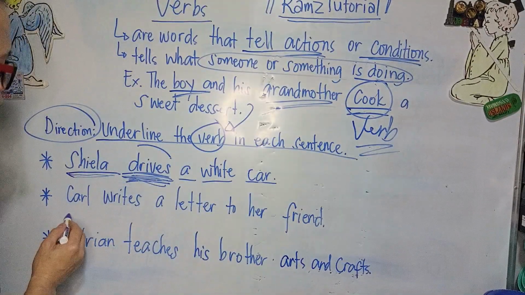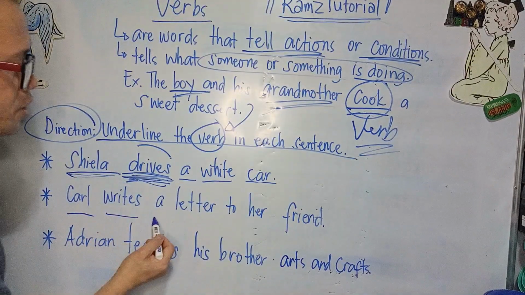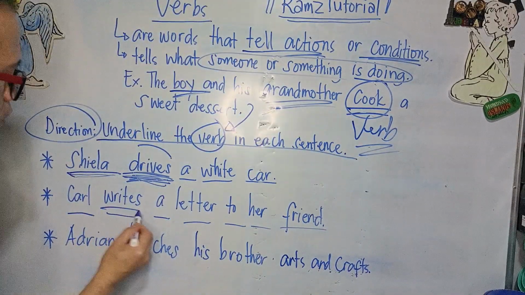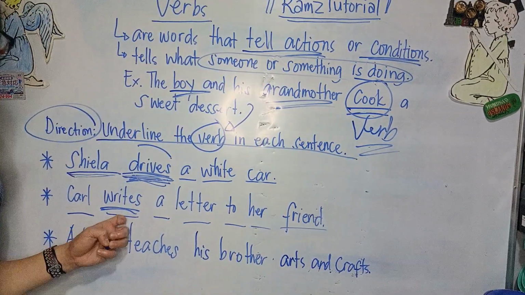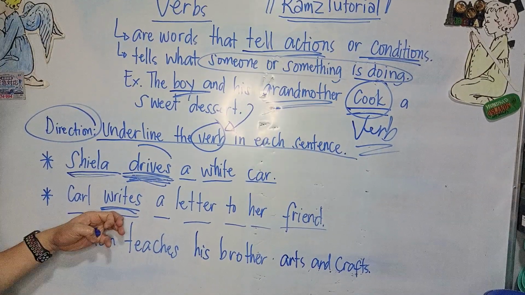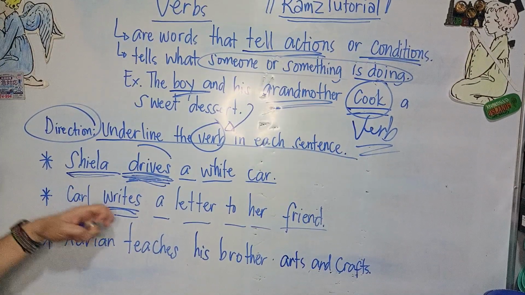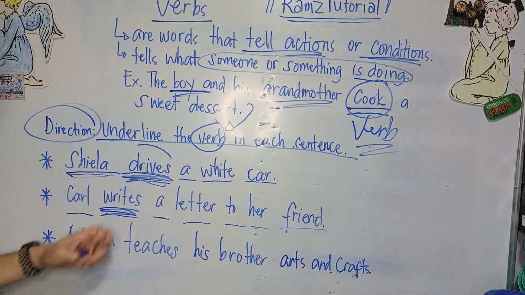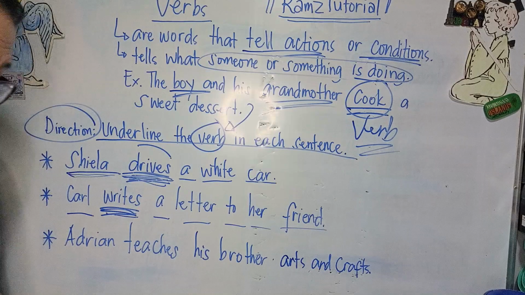Number 2. Carl writes a letter to her friend. The word writes is an action verb. It tells that Carl writes a letter to her friend. It shows an action. This is what you call the verb, my dear viewers.